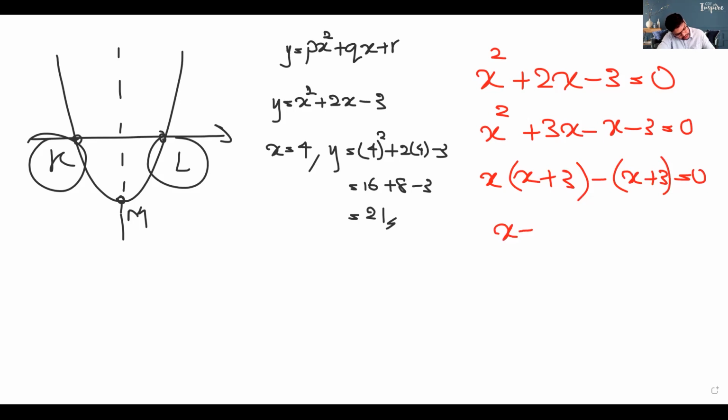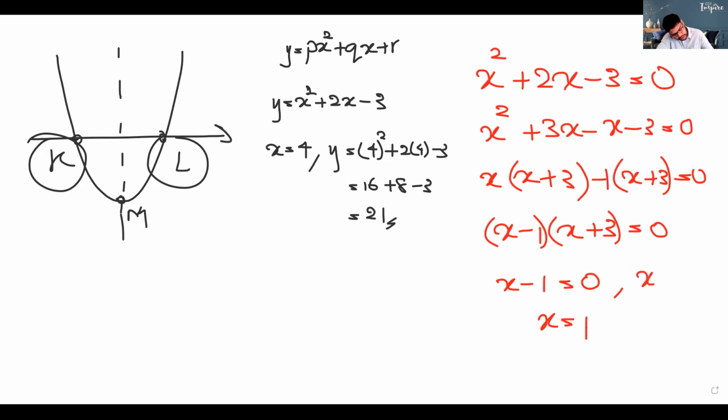So this becomes (x minus 1)(x plus 3) equals 0. When you take each of these equal to 0, you get x equals 1, and x plus 3 equals 0, you get x equals minus 3.